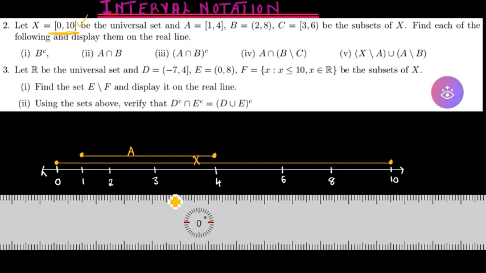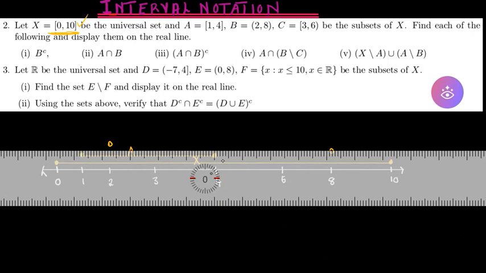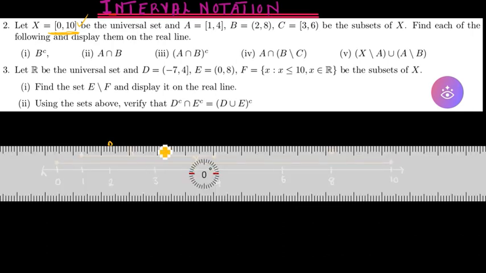B is simply some open circle at 2 and open circle at 8. So I'm going to have my open circle here at 2. I'm also going to have an open circle at 8. So this is an open circle at 8. Then I can get my rule and utilize it.